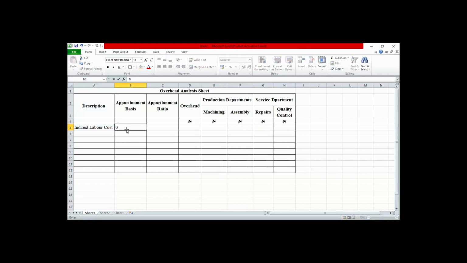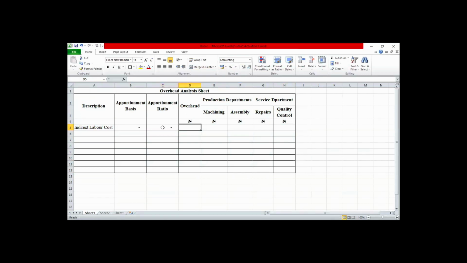We ignore, because they've done allocation for that one already. No apportionment, so there will be no need of writing anything for the apportionment ratio.